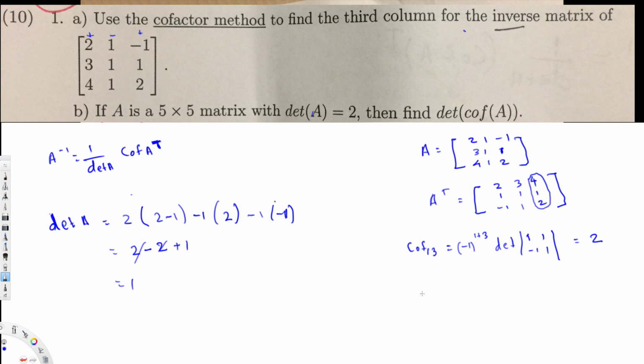Then the cofactor of 2, 3 is minus 1 to the power of 2 plus 3 times the determinant of 1, 1, 1, 1, then minus 1 times 1. No, wait a minute. This is not correct.